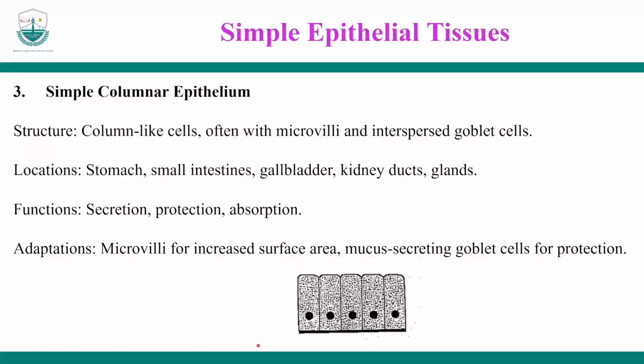The third type of epithelium is what we call simple columnar epithelium. The cells have a structure that looks like a column, elongated basically, and then you have nuclei there. We find this in the small intestines, the stomach, gallbladder, kidneys, and some glands.